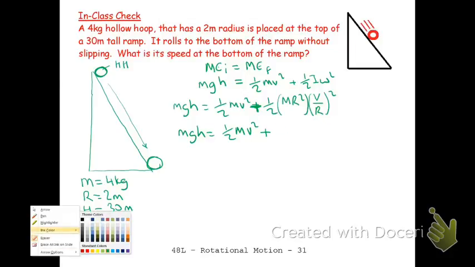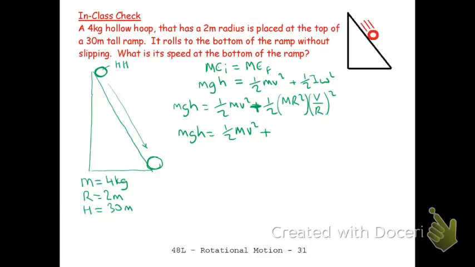So I'm going to say, okay, it's a half mr squared times v squared over r squared. So mgh is equal to 1/2 mv squared plus, and this is going to be 1/2 mv squared.